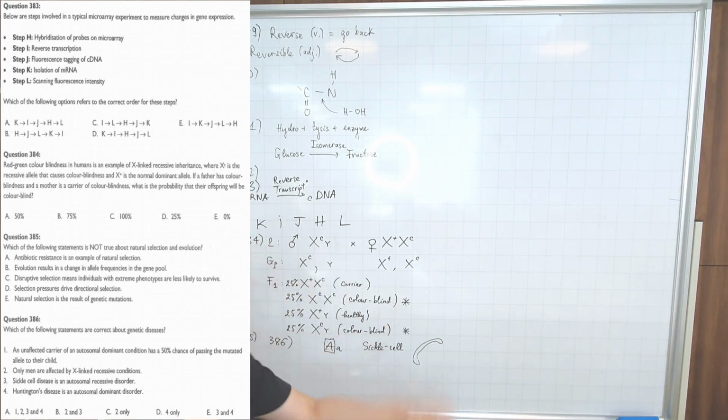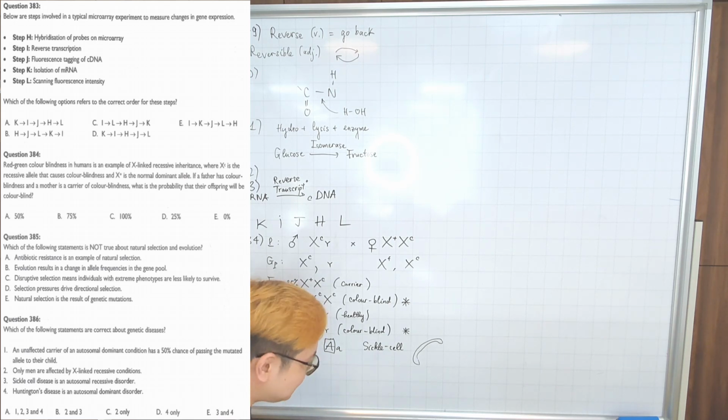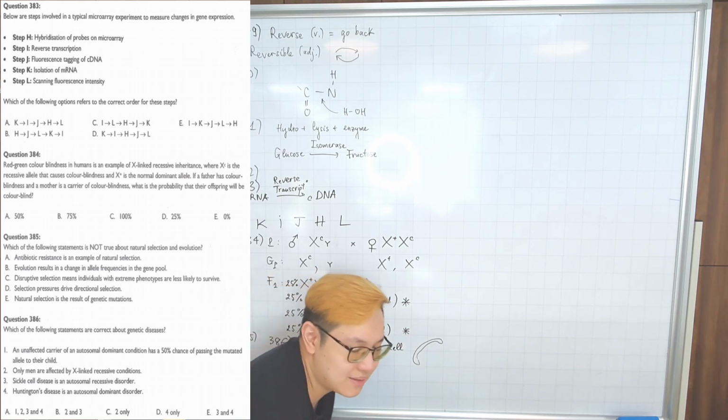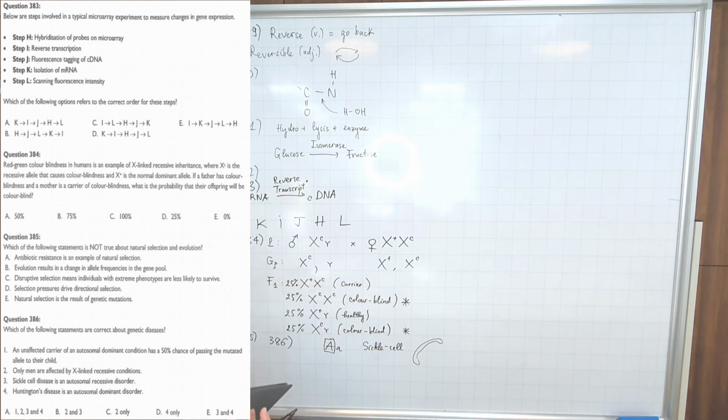So sickle cell disease is caused by a point mutation in the DNA, leading to a change in one amino acid. Only one amino acid change is enough to make the red blood cell into this shape. Chỉ cần một amino acid thay đổi thôi là biến đổi hồng cầu thành như vậy.